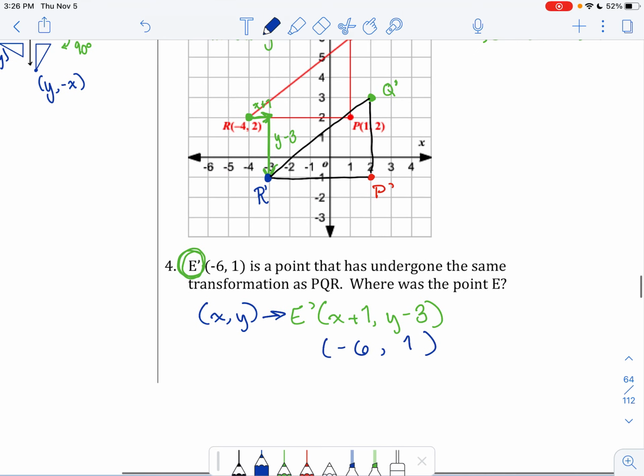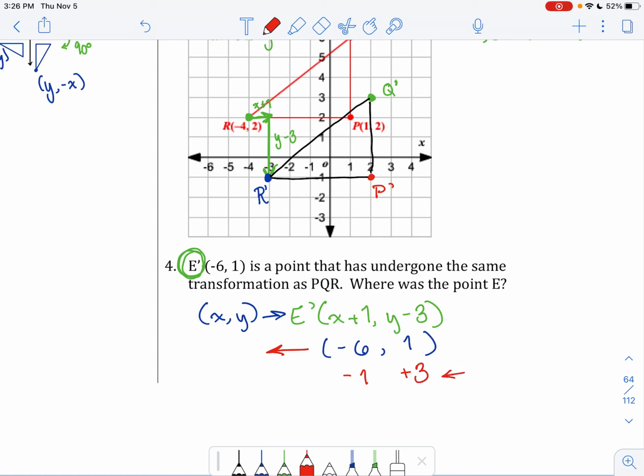So we have to work our way backwards to find out what our x, y were. So what I'm going to do here is that I know that a plus 1 happened to the x value, so I'm going to take 1 away. And I know that a minus 3 happened to the y value, so I'm going to add that 3 back on.